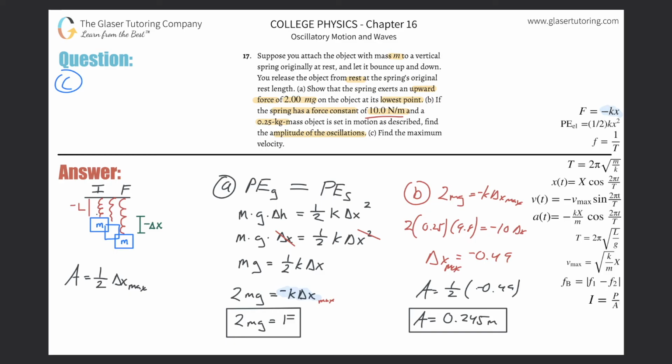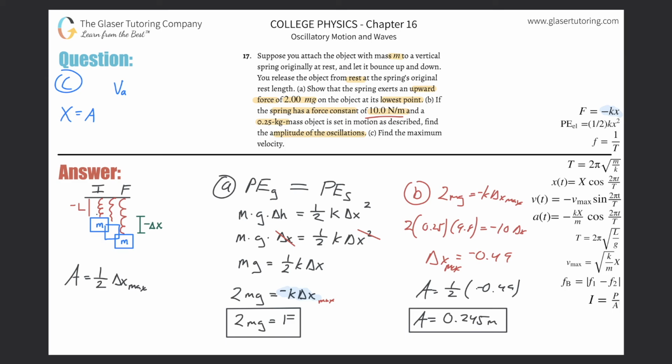Find the maximum velocity, letter C. For this question now, we have to take a look at the formula over here, where it says that the Vmax will be equal to the square root of the spring constant divided by the mass, multiplied by capital X. Now, I do not like that notation myself. A capital X there in the equation is amplitude, so I'm going to change that.